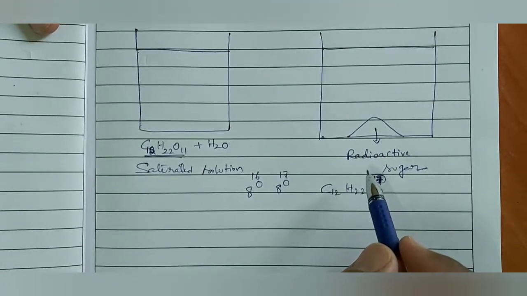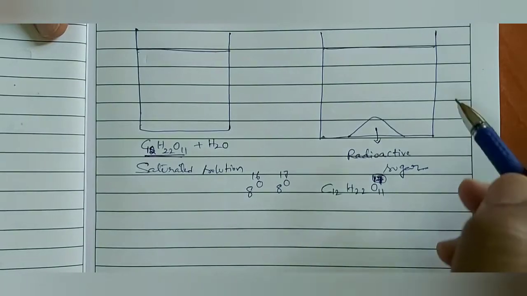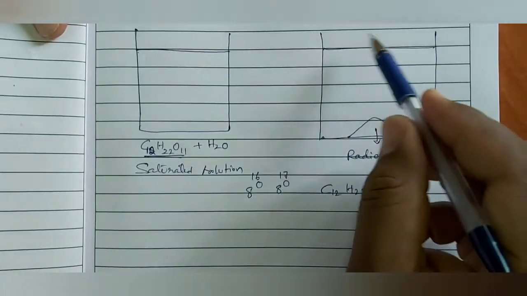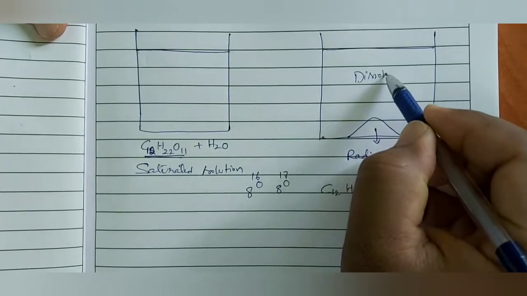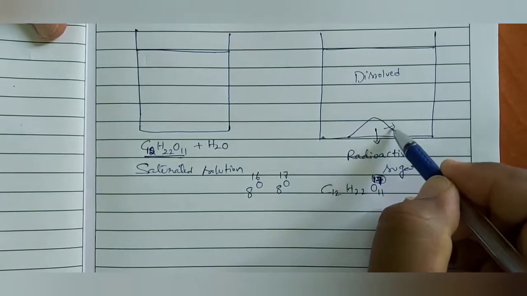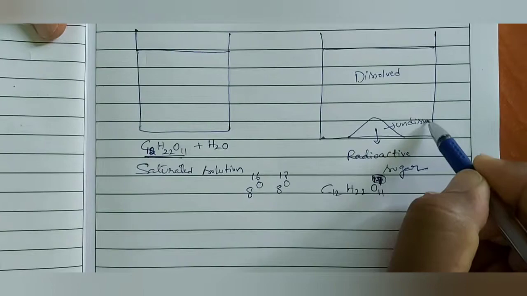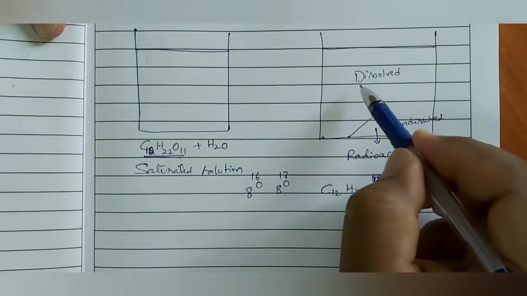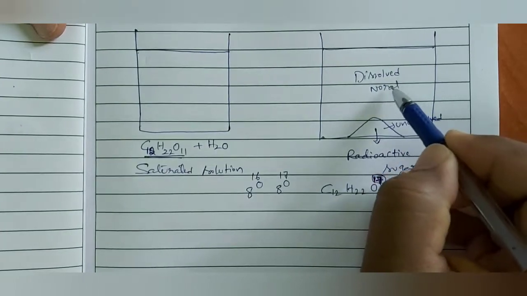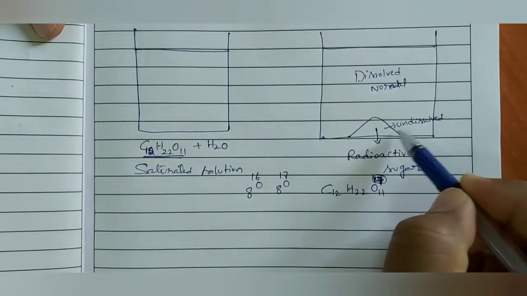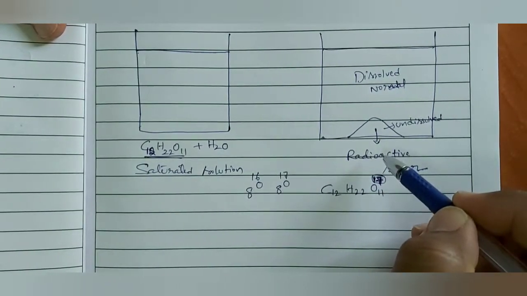Radioactive sugar means when we observe this solution, this is dissolved sugar, this is undissolved sugar. Dissolved sugar must be normal sugar, and undissolved sugar must be radioactive sugar.